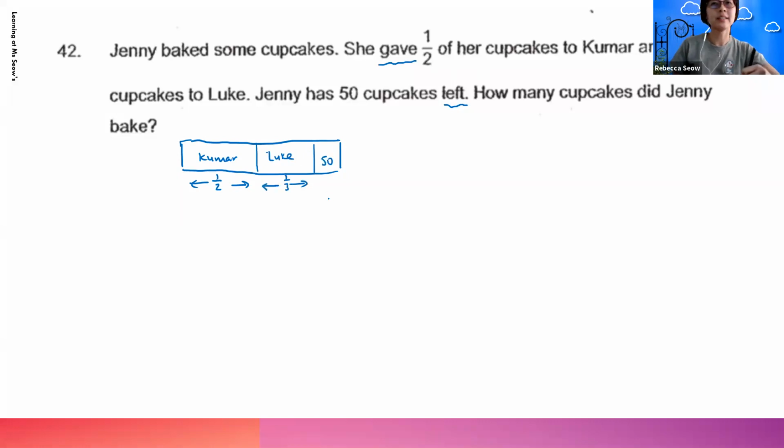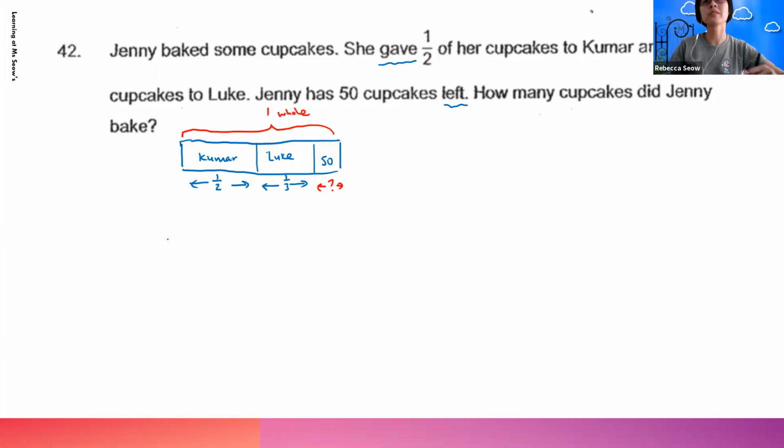Now, what we could possibly need to find first is the fraction that 50 represents. If she has baked some cupcakes, the total number of cupcakes would be 1 whole. I'm going to put a bracket here and put down 1 whole.